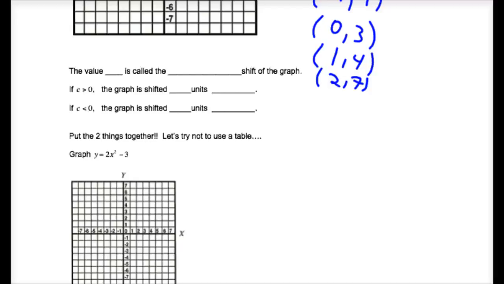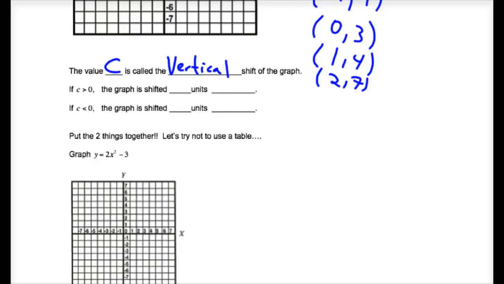Let's put all this stuff together now. See if we can do this. The value C is called the vertical shift. Vertically goes up and down. So the C changes the parabola vertically.